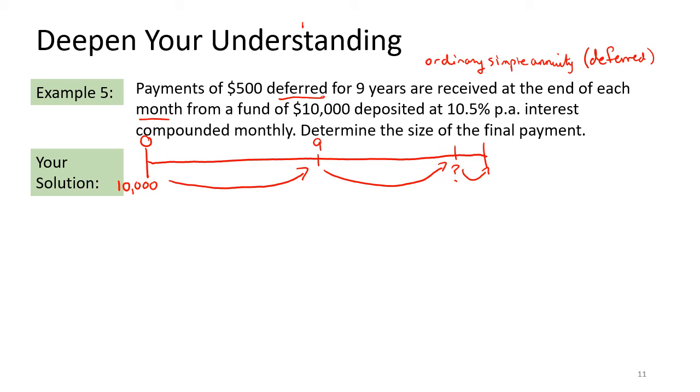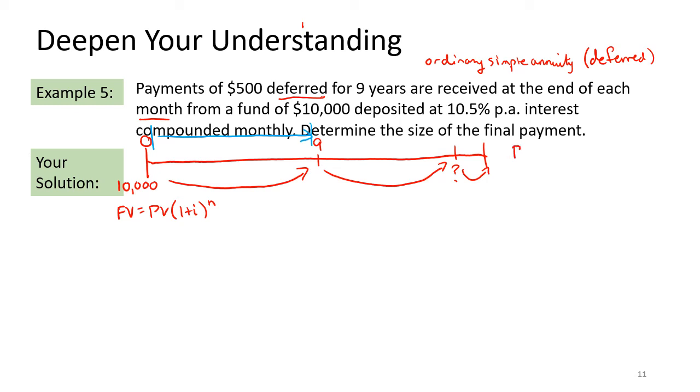Because it's being deferred for 9 years. So to start with that, the future value is equal to the present value times 1 plus the periodic interest rate, and that's the exponent n. This n is just related to your payment period, translating it from today to 9 years in the future. Okay?